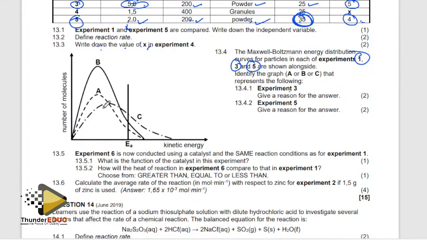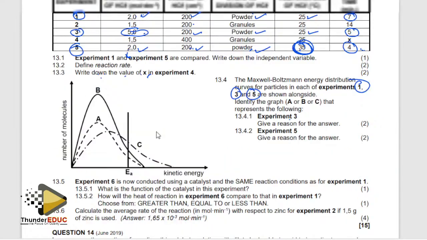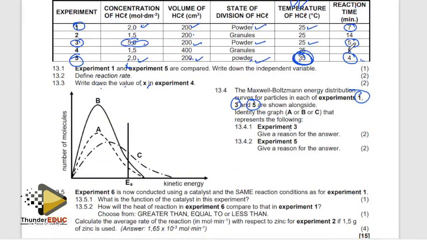So automatically this shows that experiment 3 is graph C. Why? Because it's just normal. It's not as fast as this, and not as slow as this. So automatically C becomes experiment 3.